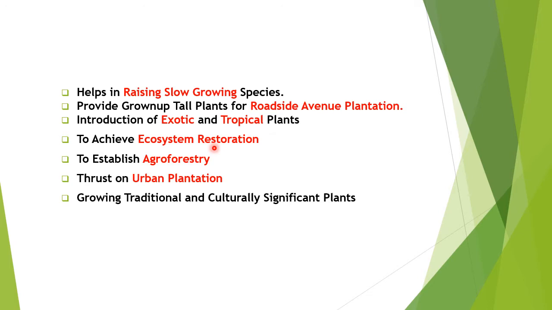By agroforestry, we mean you integrate trees and shrubs on farmland and rural landscape to enhance productivity, profitability, diversity, and ecosystem sustainability. Also, with the help of these nurseries, the thrust is on urban plantation. You can grow traditional and culturally significant plants. These are the objectives of the plant nursery.